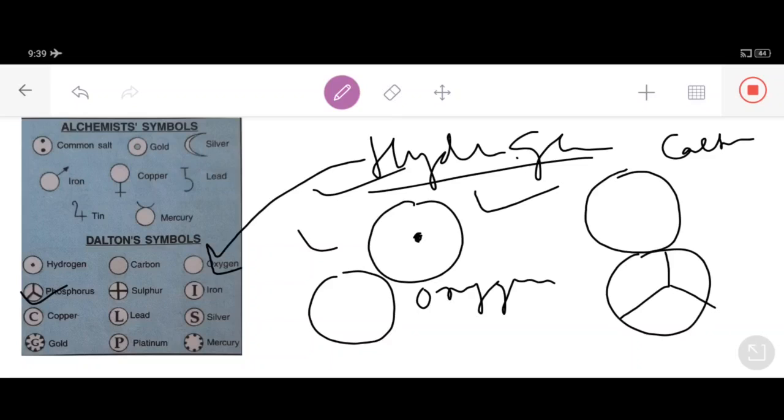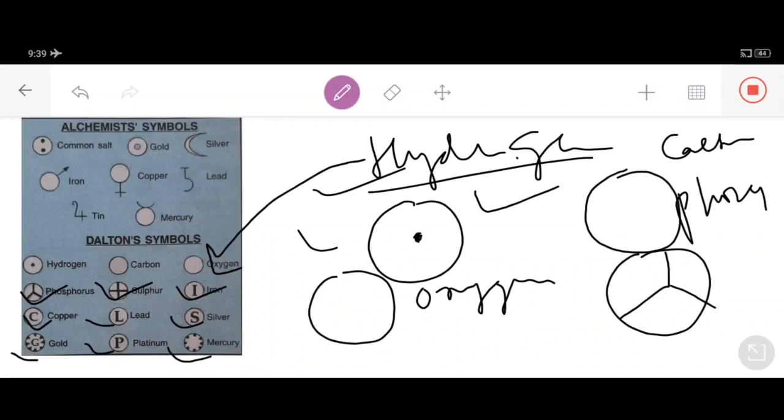The symbol for phosphorus. The symbol for sulfur, symbol for iron, symbol for copper, symbol for lead, symbol for silver, symbol for gold, dear students, symbol for platinum, and symbol for mercury.